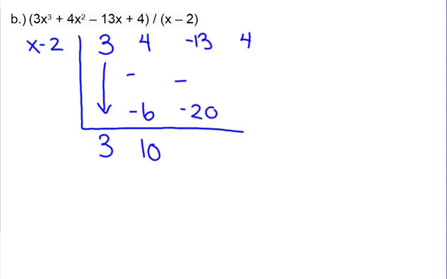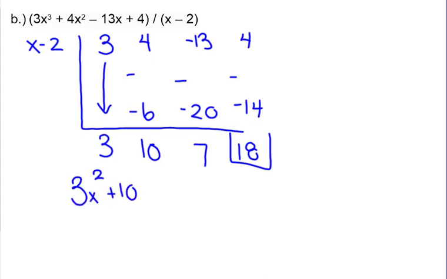Negative 13 subtract negative 20 is positive 7. 7 times negative 2 is negative 14. 4 subtract negative 14 is positive 18. That is our remainder. So our function is 3x squared plus 10x plus 7, remainder 18.